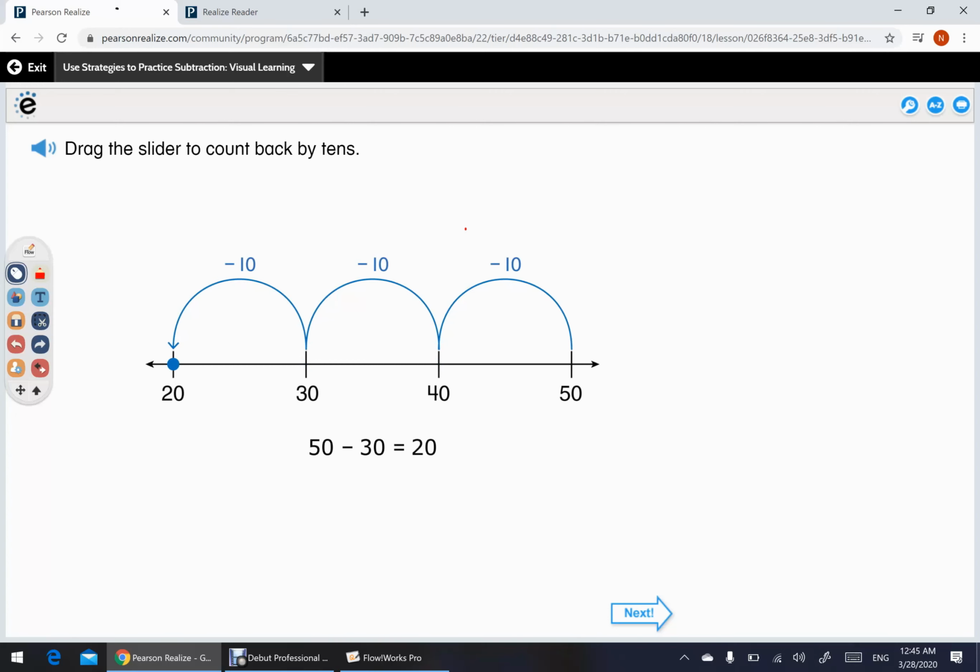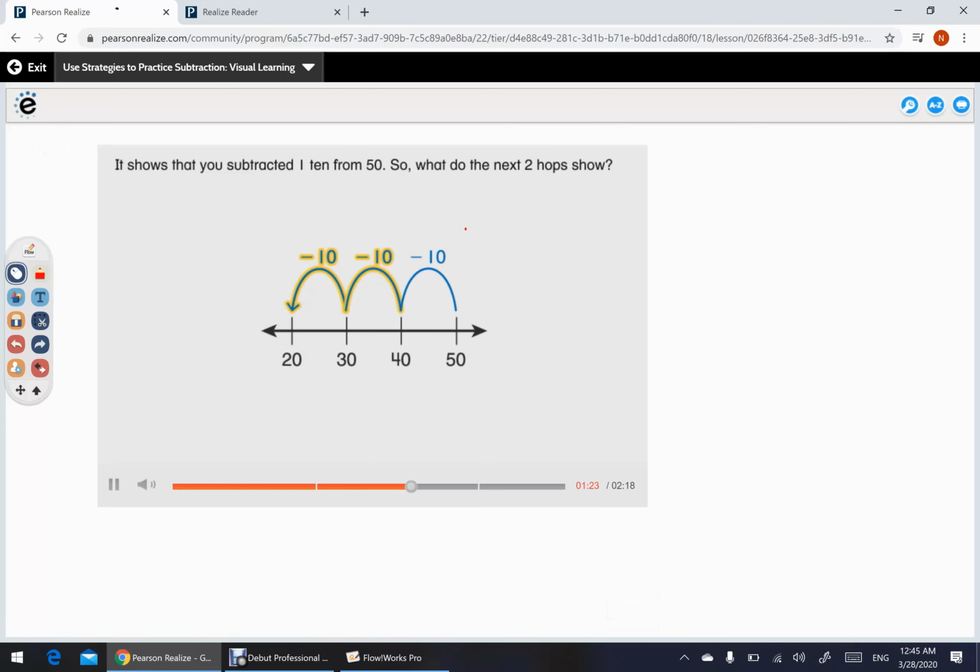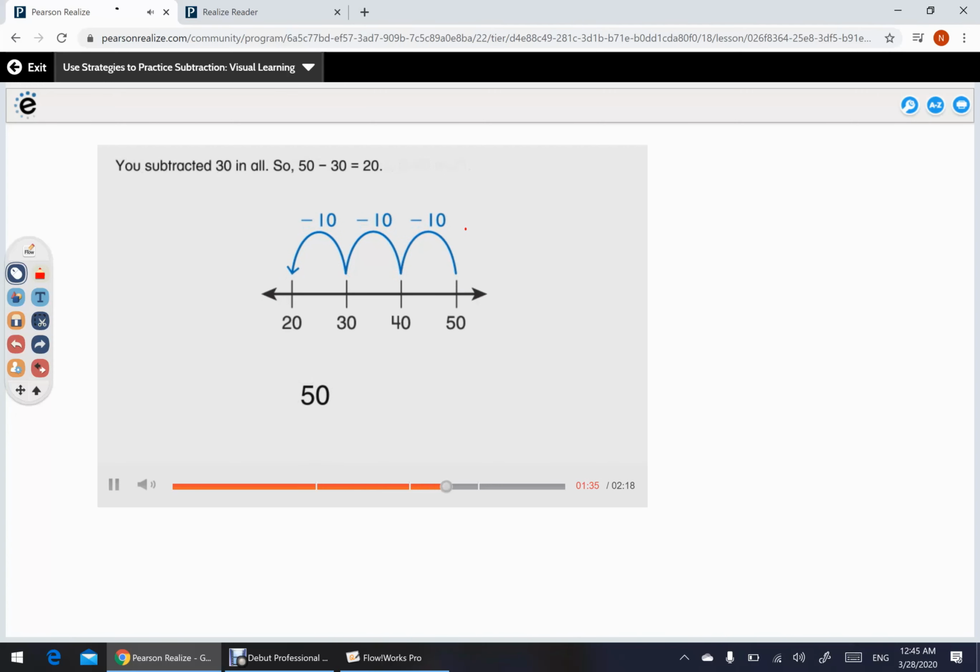Minus 30, 20. Easy? Yes. They show that you subtracted 2 more tens, or 20 more. You subtracted 30 in all. So 50 minus 30 equals 20.